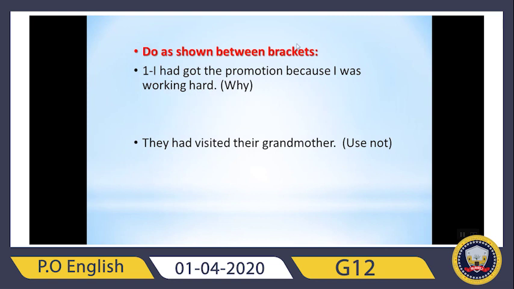Sorry. Here I had, do as shown between brackets. I had got the promotion because I was working hard. Here I want to use why, so it's a wh question. In this case, the why at the beginning, omit the answer, the answer will start from because.